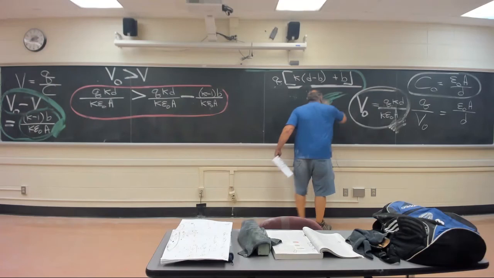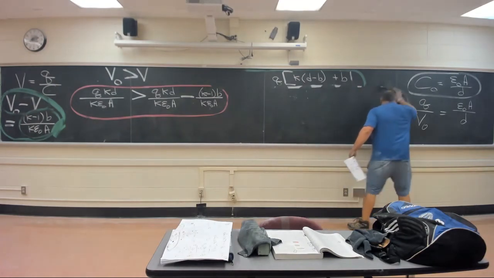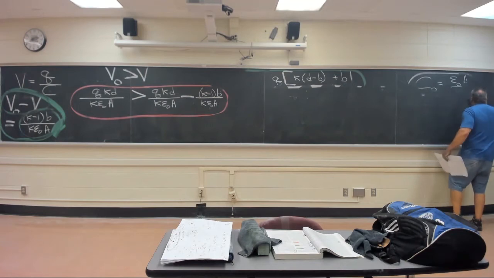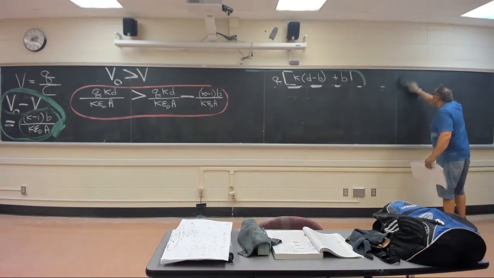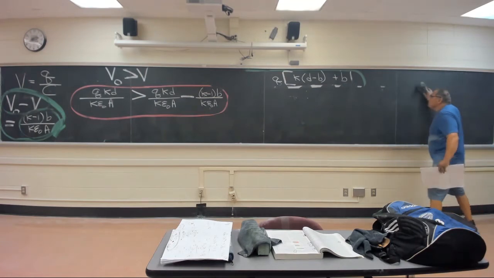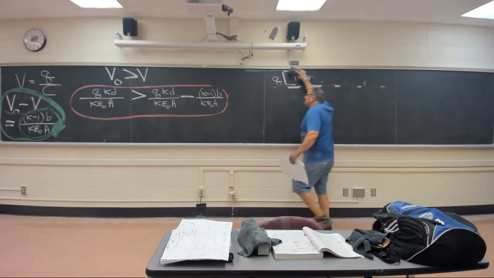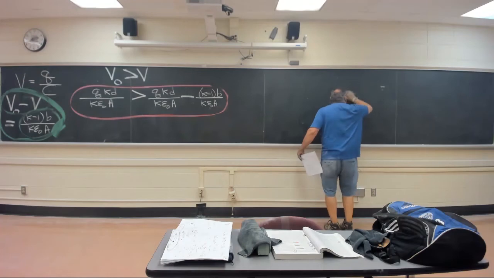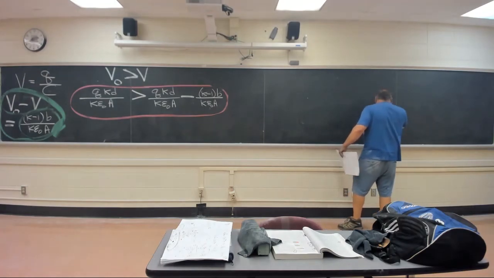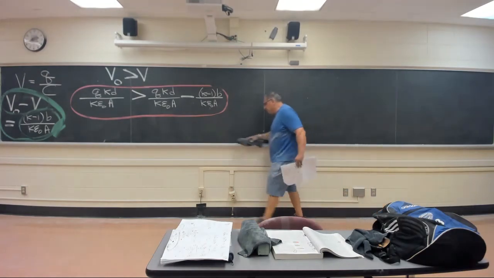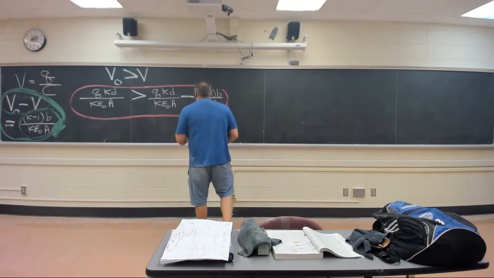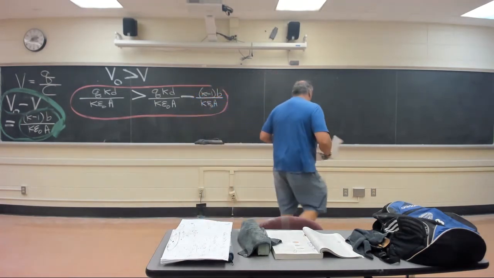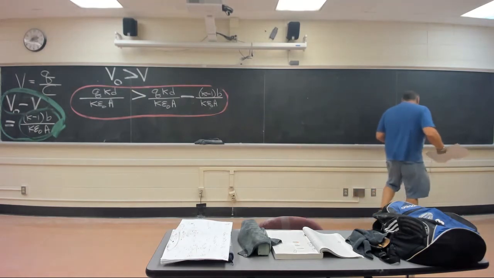The way I have it in the notes, I didn't go into this kind of detail. To take the slab out will require work, but not external work, positive external work. But to bring it in, it's negative external work.